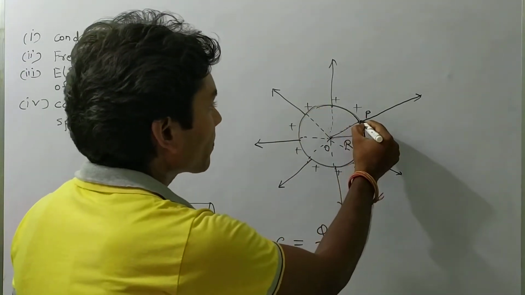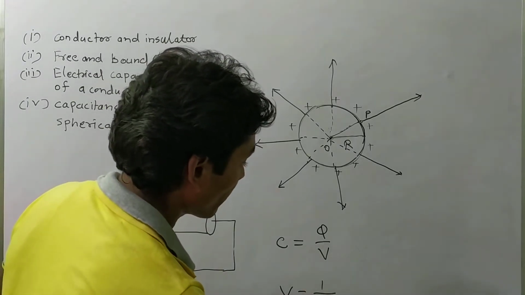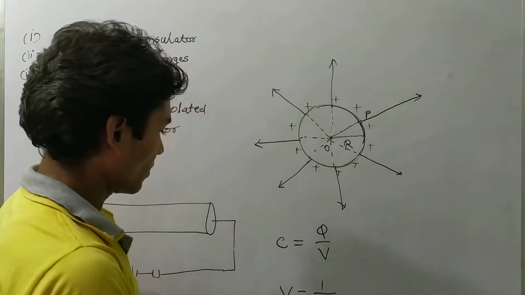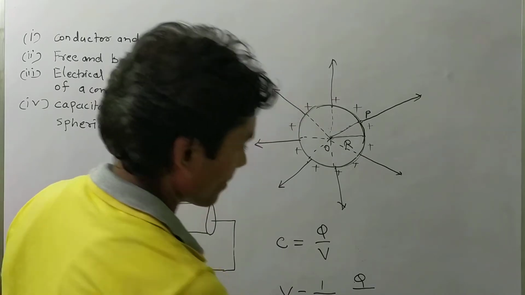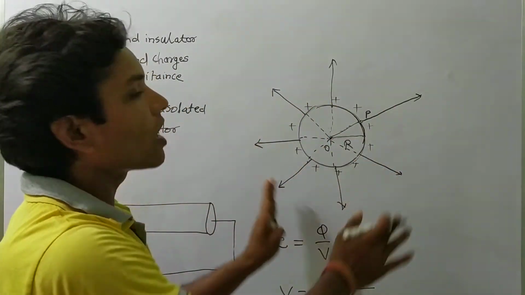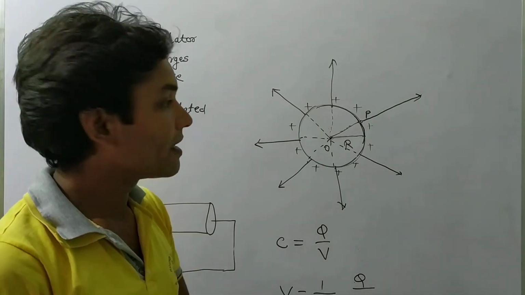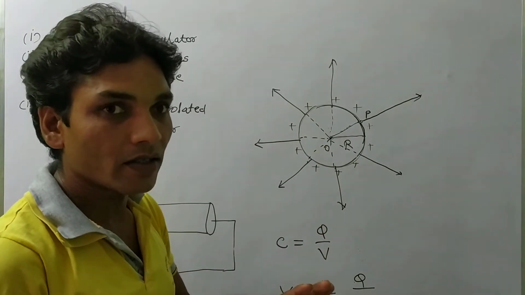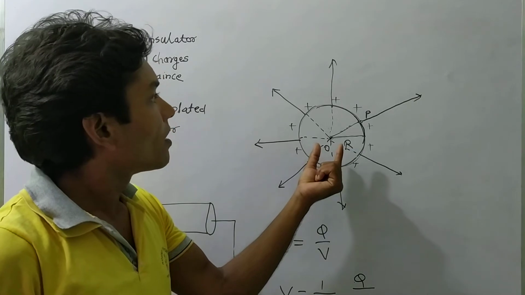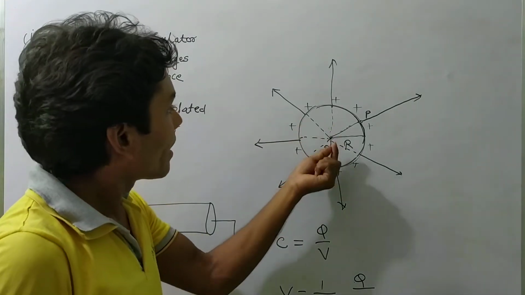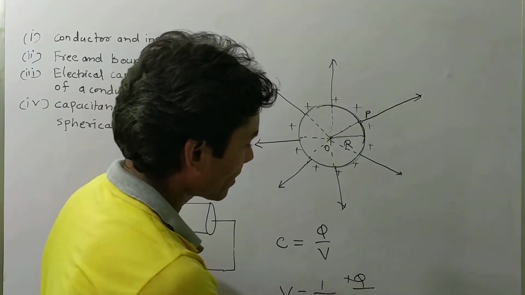At this point, what will be the potential? The potential will be 1 upon 4 pi epsilon naught, Q upon R. What is Q? Q is the charge given to the spherical conductor, and we assumed that all the charge is concentrated at point O. That's why the total charge is plus Q.